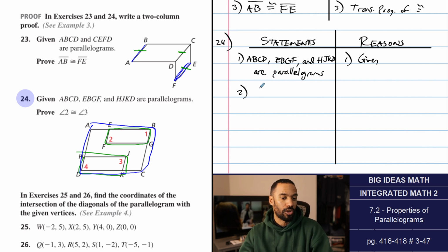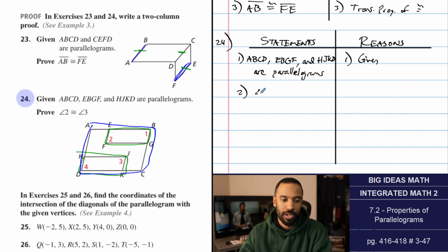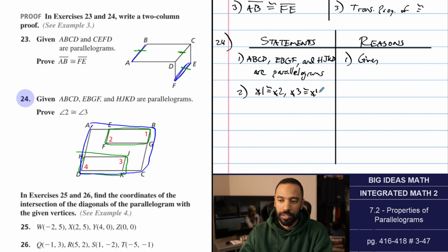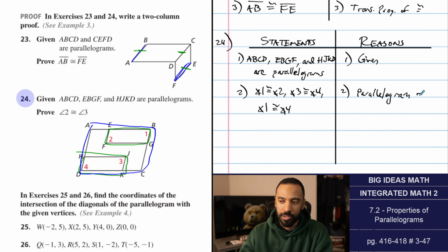I assume we can do these all in one step and just use that after. So angle 1 is congruent to angle 2. Angle 3 is congruent to angle 4. And angle 1 is congruent to angle 4. This is the parallelogram opposite angles theorem.